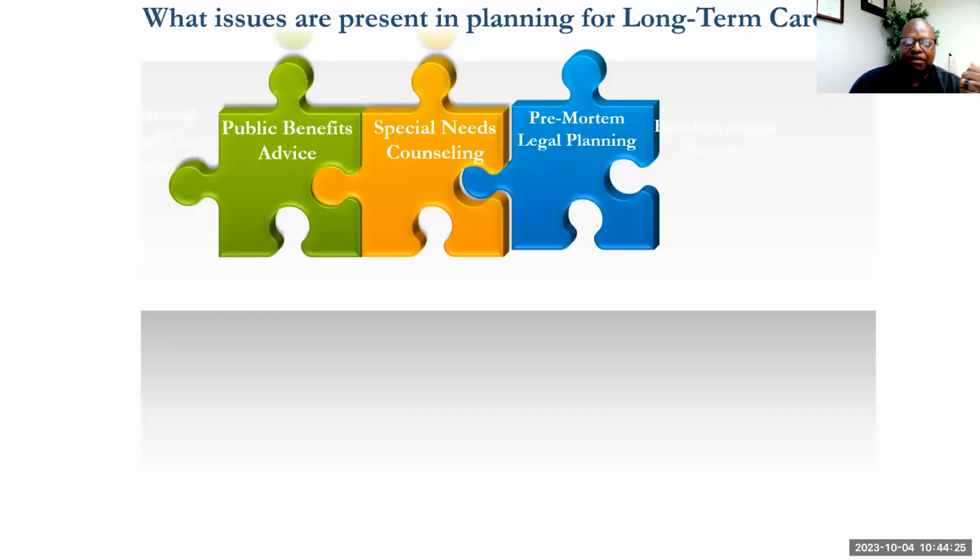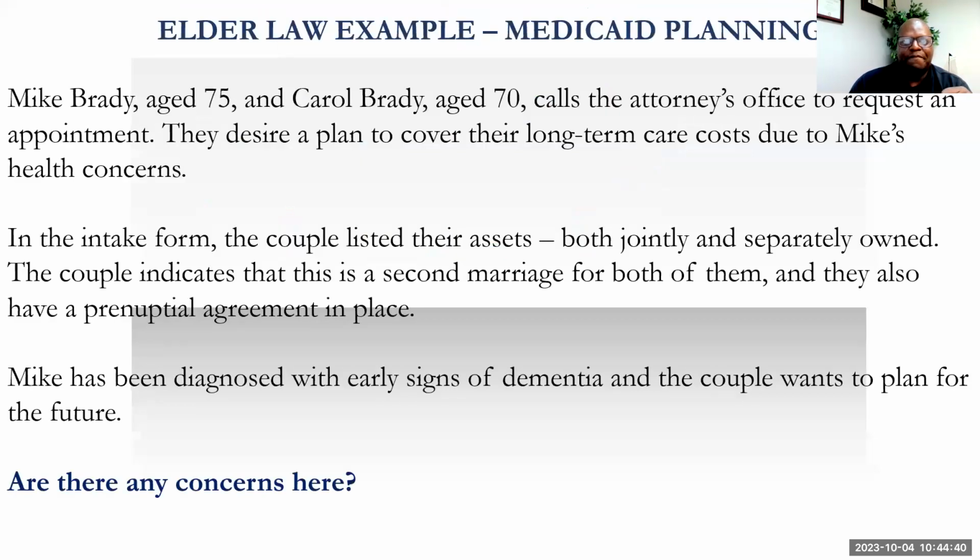So long-term care, this is really, when you hear elder law, of course, you're thinking health, long-term care, how do I pay for it? Public benefits advice, special needs counseling is going to come into play, and of course, regular legal planning, wills, trusts. We're going to talk about that. Most people cannot live an extended period of years with a long-term care expense that is ongoing.